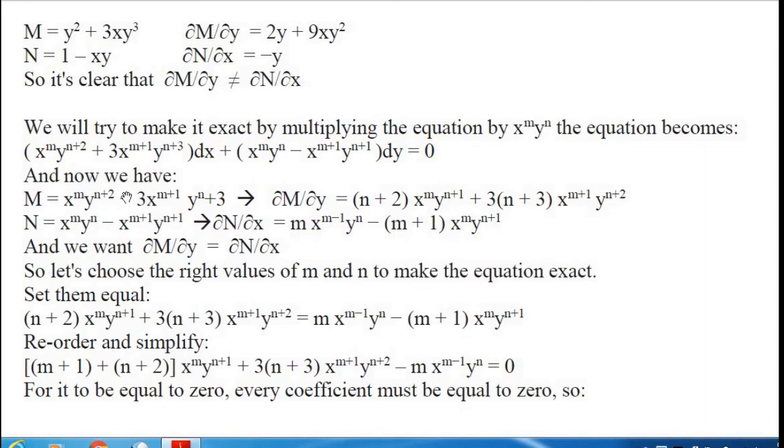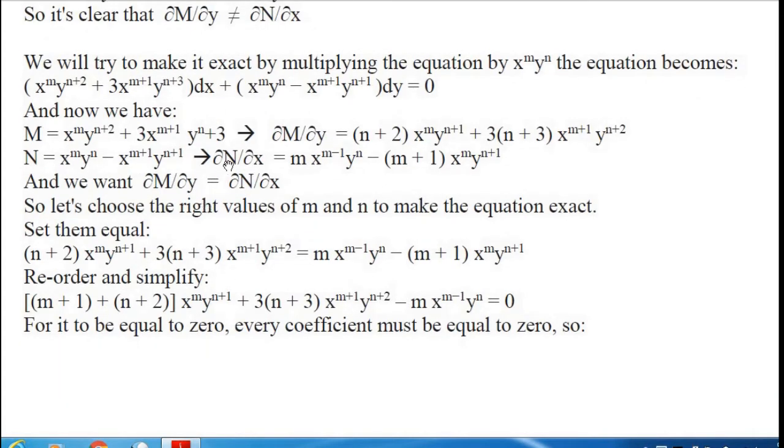Now, we want to make this equation exact by assuming that ∂M/∂y = ∂N/∂x.